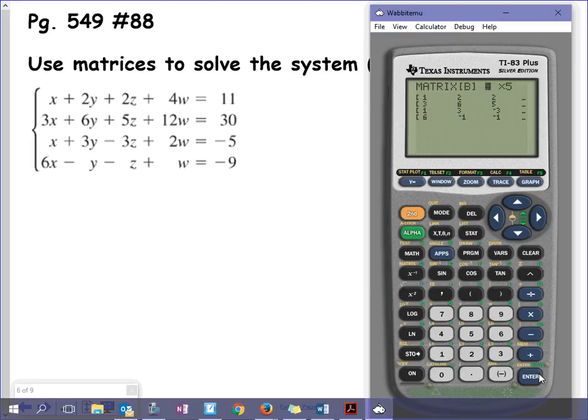What happens when you click F4? That's plus. Alright. What do you have? 2, 5, -3, -1. 4, 12.